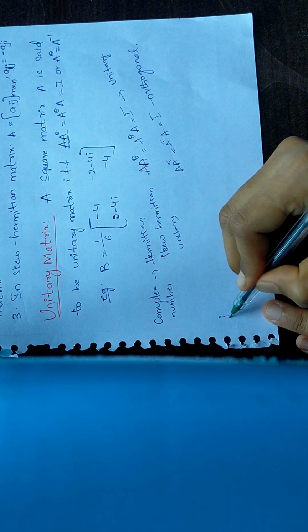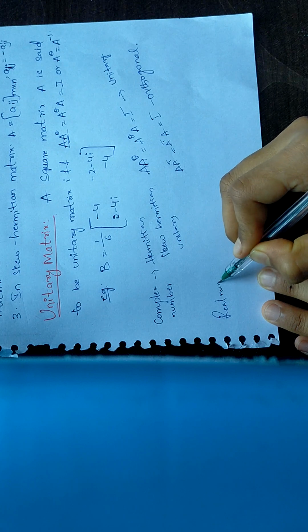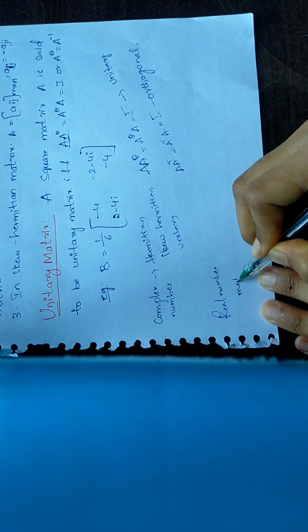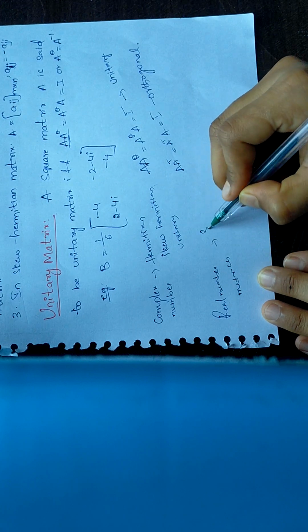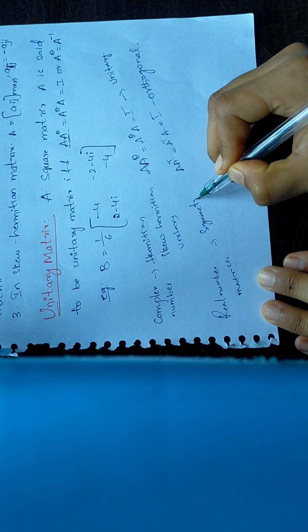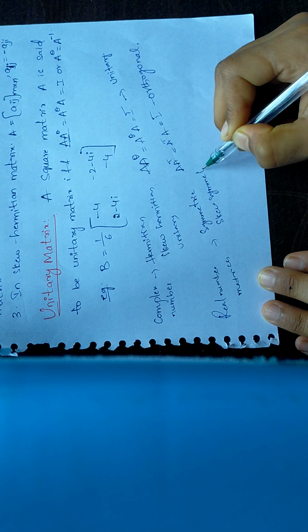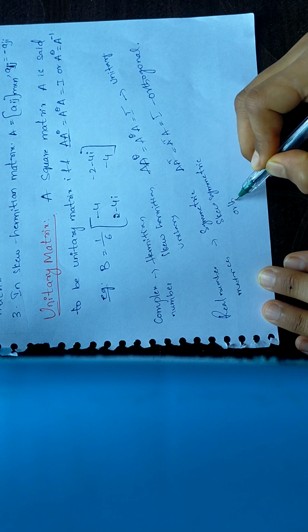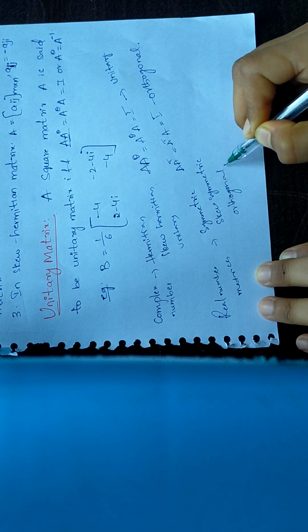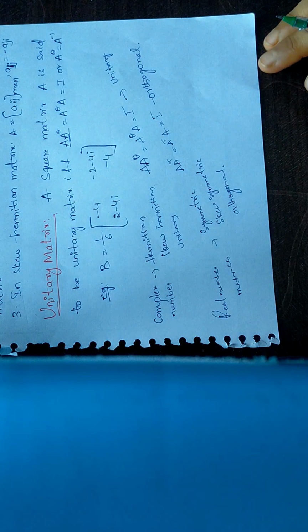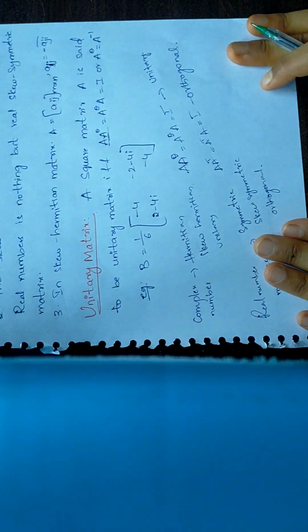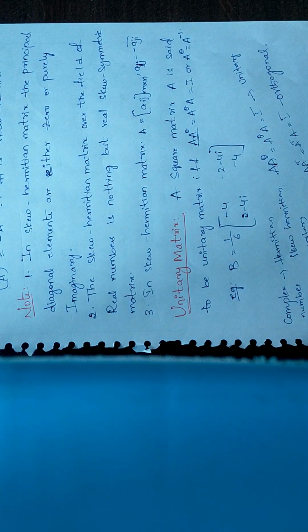Whenever it is real number matrices, then we say symmetric, skew symmetric, and orthogonal matrices. If you observe, all the conditions are the same. So this is about the introduction part, and in the next video we'll see the related theorems and problems. Thank you.